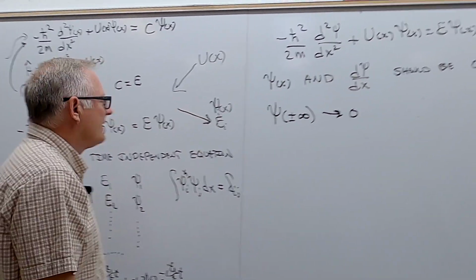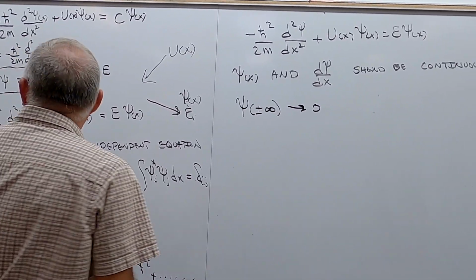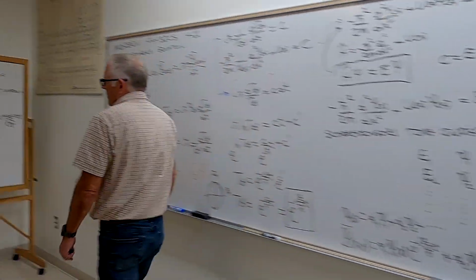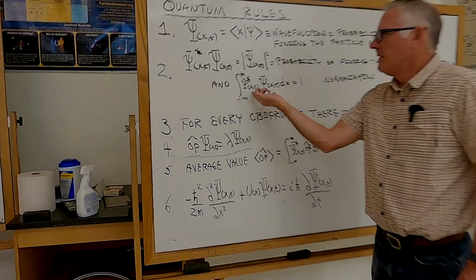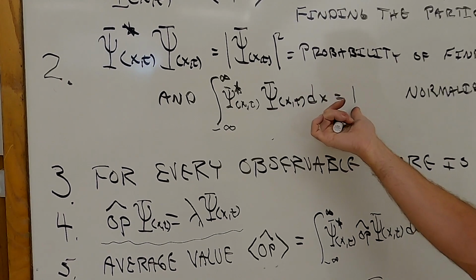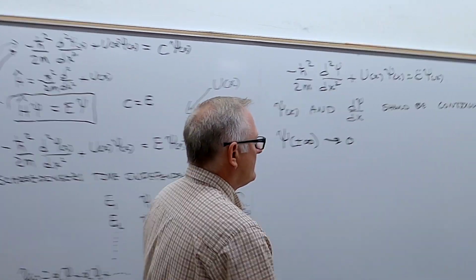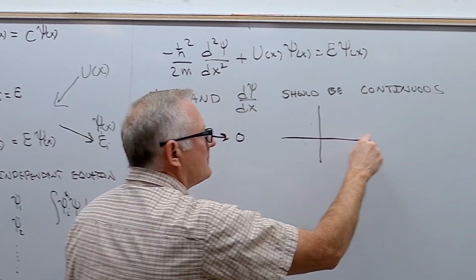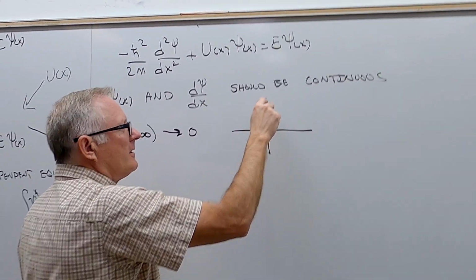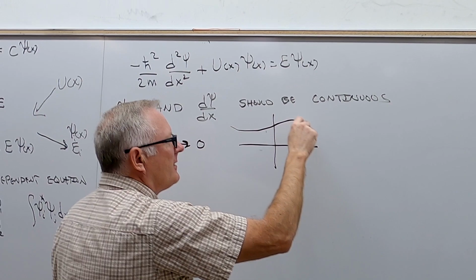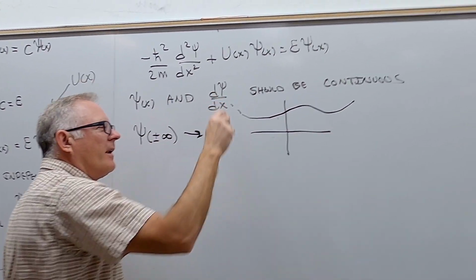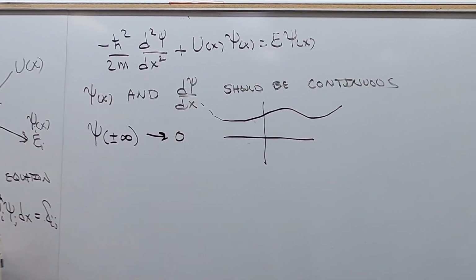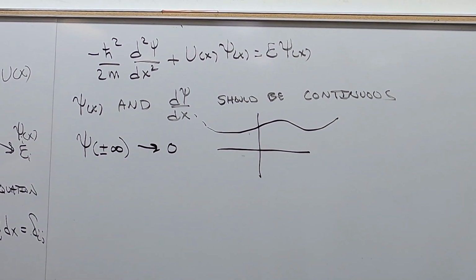Has to. Why? Because we said the area under the curve, this right here, is finite. It's 1. So if you were to plot out psi, and let's just say your psi is something like this, keeps going up, the area under that curve is not going to be 1.